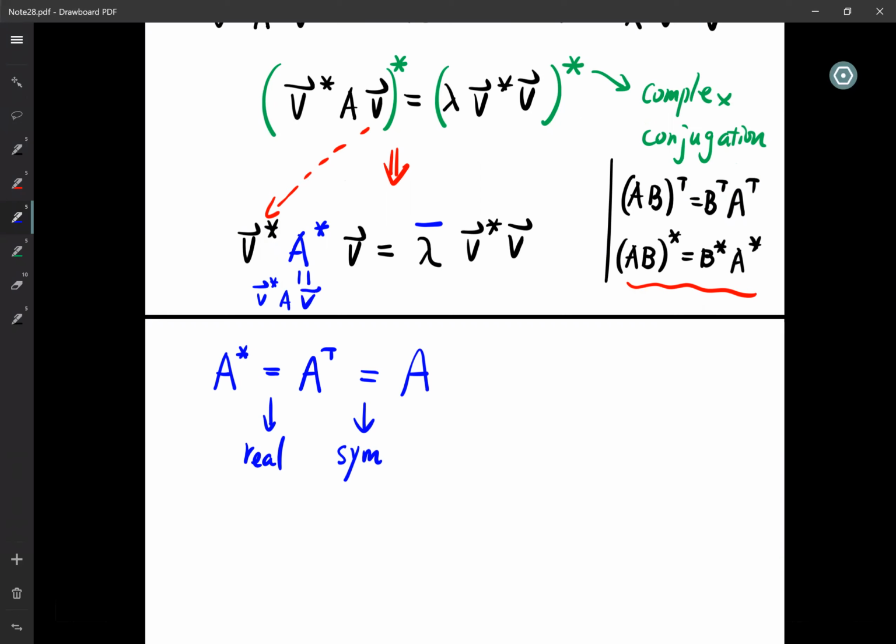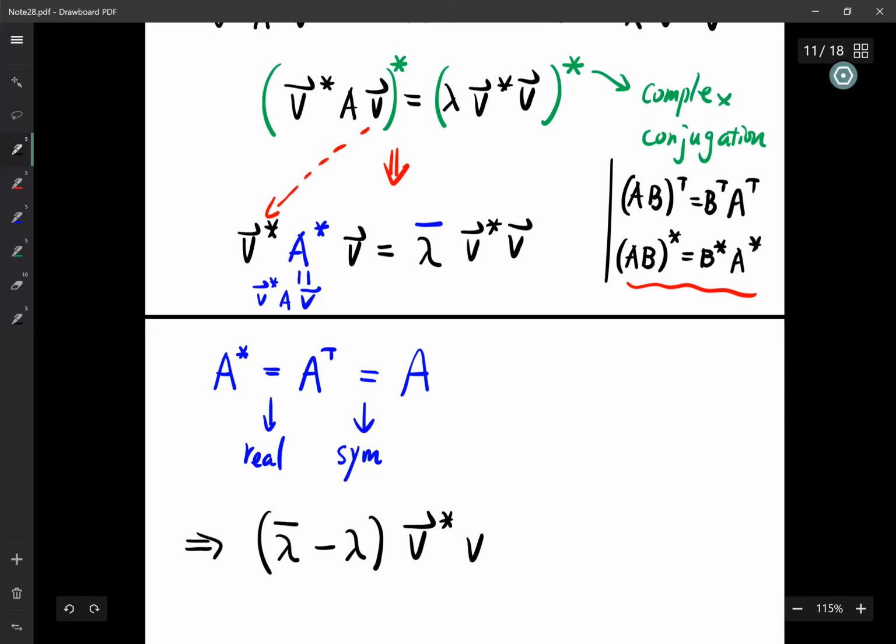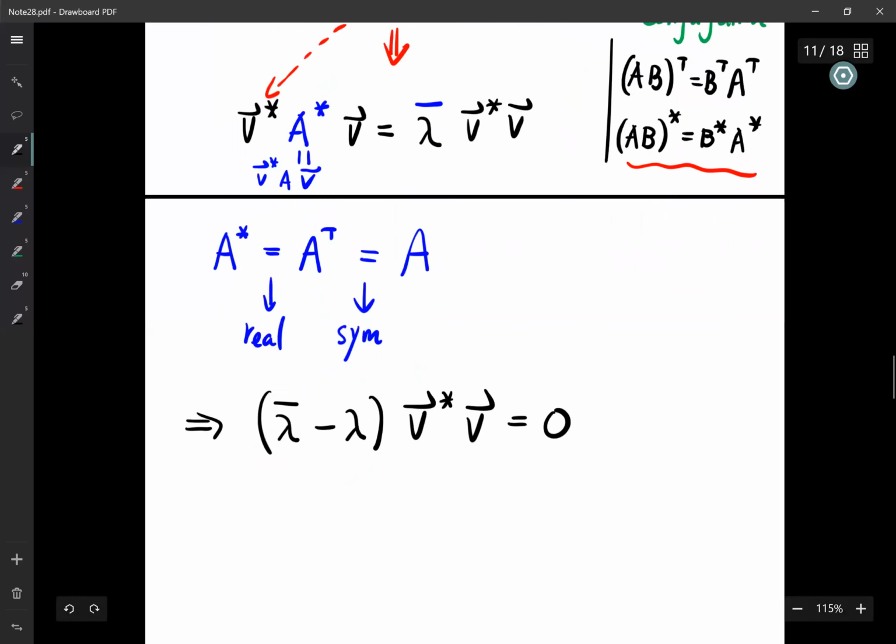Because v star A v equals lambda v star v. So combined together, I have (lambda bar minus lambda) times v star v equal to 0. But this is a length, the length of v squared. It cannot be 0. So we have lambda equal to lambda bar.